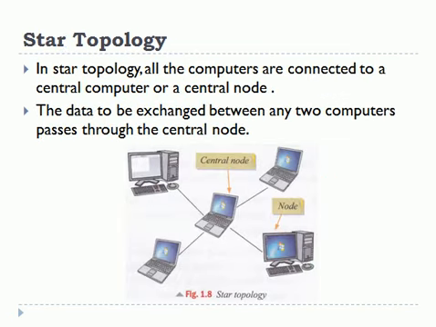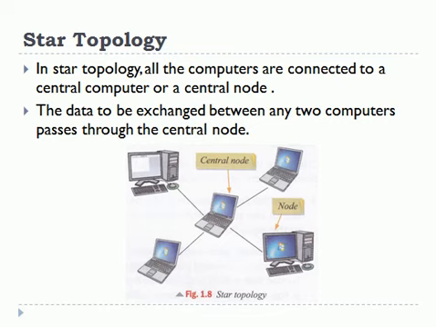Now next is the star topology. A star topology is where we form a pattern of devices connected like a star. All the computers are connected to a central computer, which is also known as the central node. The data is exchanged between any two computers through the central node only.